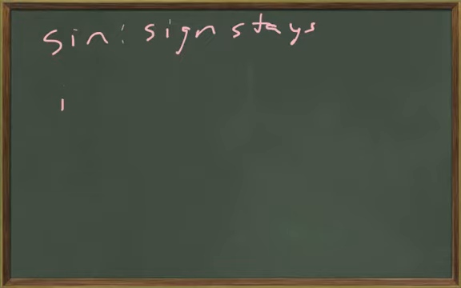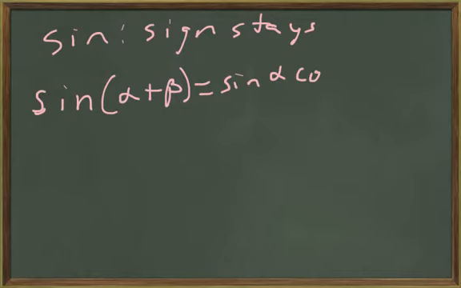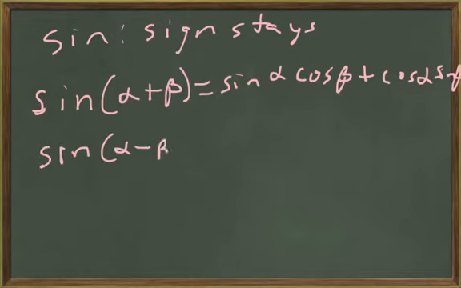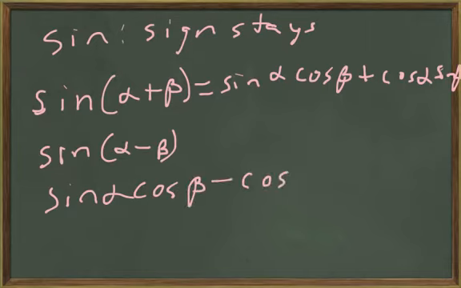So if we have sine of alpha plus beta, this is equal to sine alpha cosine beta plus cosine alpha sine beta. Okay, and then same if we have sine of alpha minus beta, this ends up being sine alpha cosine beta minus cosine alpha sine beta.